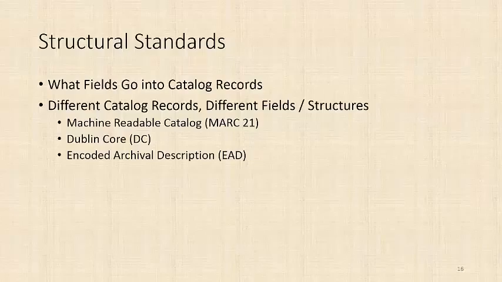Dublin Core, which is what I've asked you to use to set up your metadata record for your finding aid, is to catalog electronic media by placing searchable fields in the header. So it's right there with your finding aid.